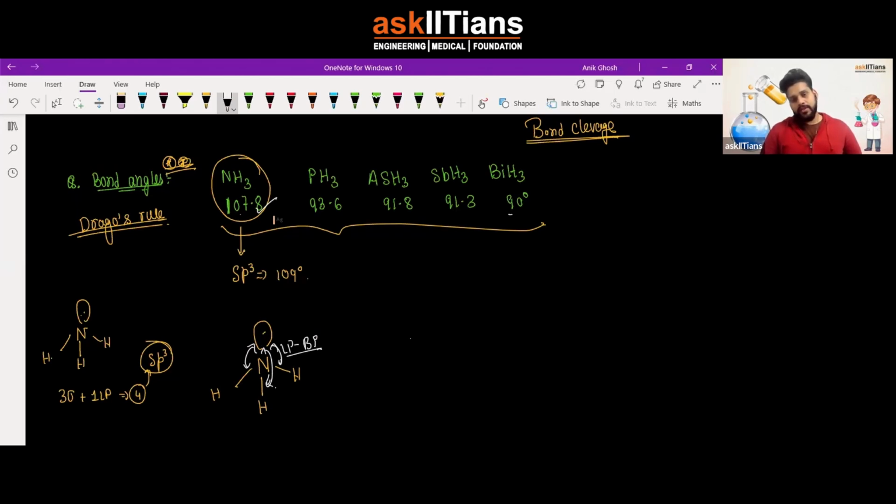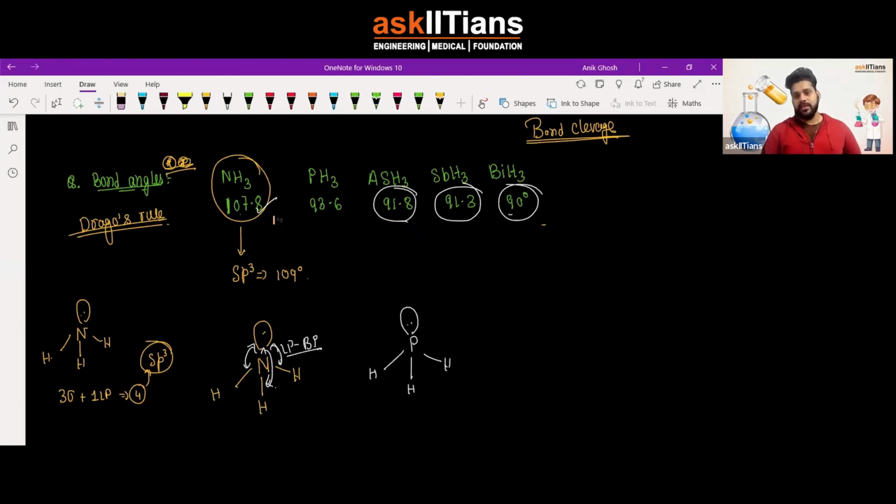When we go to phosphorus, what is happening now? For phosphorus, the value is found to be 93. Arsenic, 91. Antimony, 91. And bismuth, it is 90. Looking at these values, what Drago said is that this much of a huge deviation from 109 degrees is not normal.